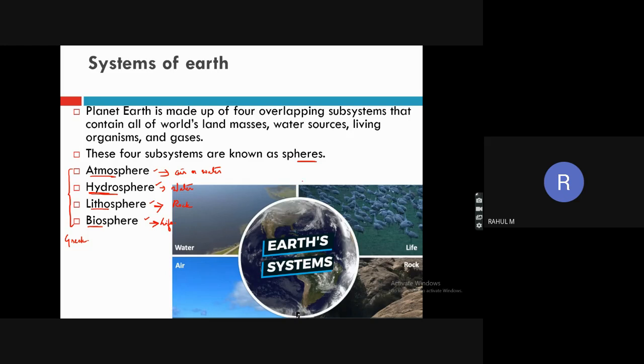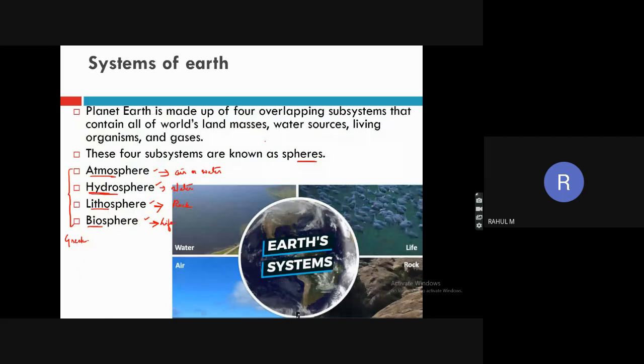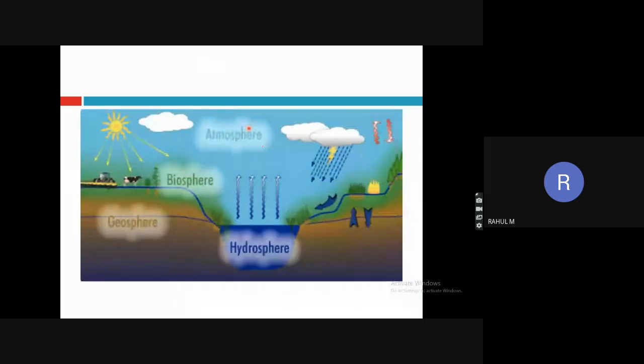So actually, you can represent this entire system something like this. You can see this is a combination of all these systems. You can see the different systems over here. Now the geosphere is actually lithosphere. So the downward rocky part represents the lithosphere, and the liquid part over here is your hydrosphere.